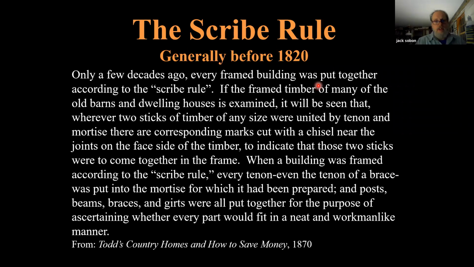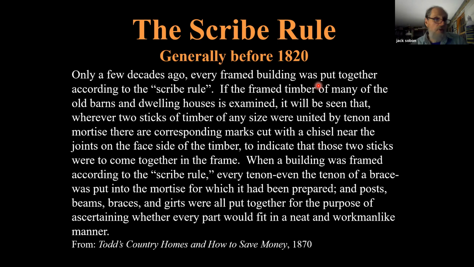So let's talk a little bit about the carpentry, which is why some of you probably joined onto this, to hear about this stuff. So before 1820, generally, most buildings are put together by the Scribe Rule, and that's also in German and Dutch and French and basically all nationalities that came here prior to about this time would be using some sort of Scribe Rule system.